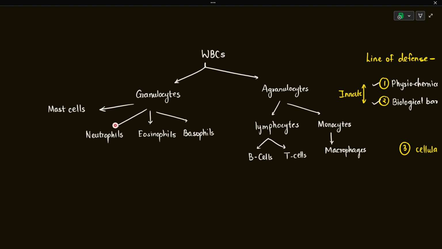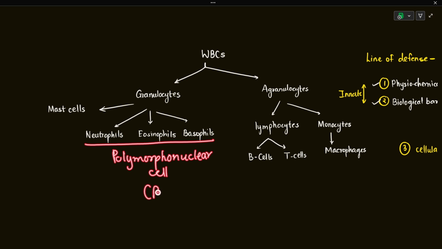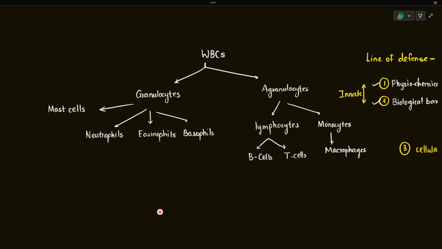All of them are multi-lobed cells, and that is why they are known as polymorphonuclear cells, because the nucleus of those cells is multi-lobed. While on the contrary, the lymphocytes have a single lobe.